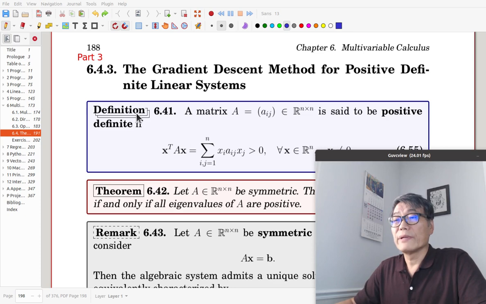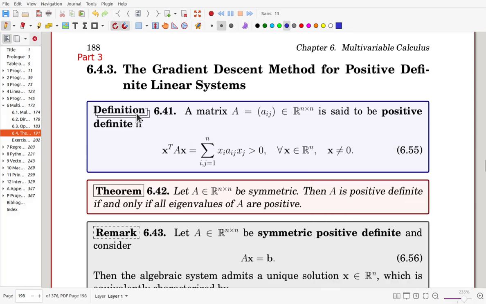See the definition. A is a square matrix, and the matrix is said to be positive definite if this term x transpose Ax is always positive for non-zero x.